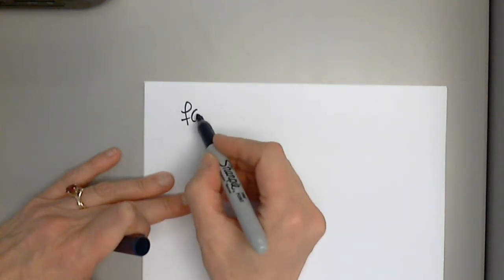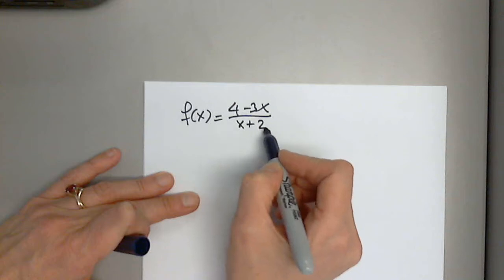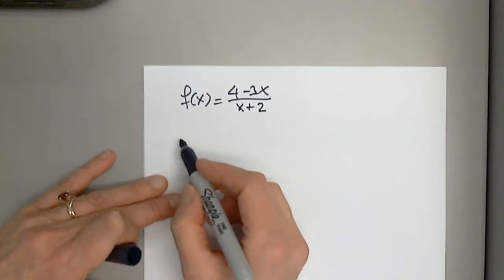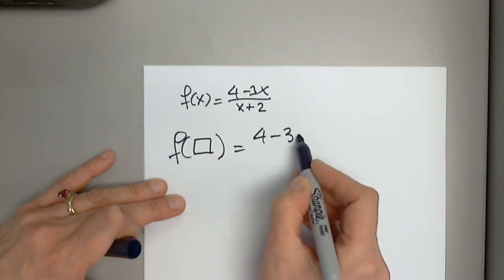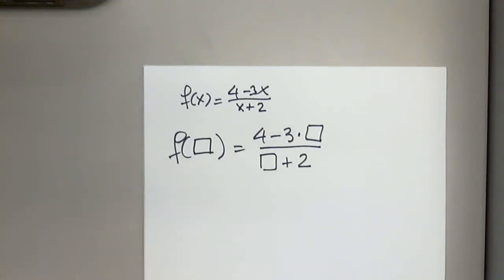So when I'm given a function, which is 4 minus 3x over x plus 2, I look at the function and I understand its pattern. This function tells me that every time I apply it to something that the function is defined at, is there a value for which this function is not defined and I can never touch it? Of course, obviously.